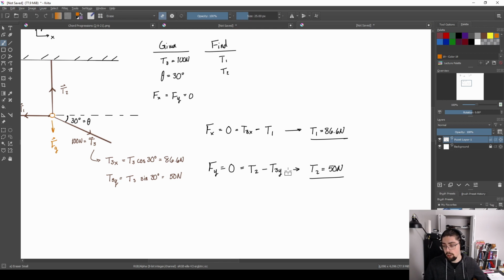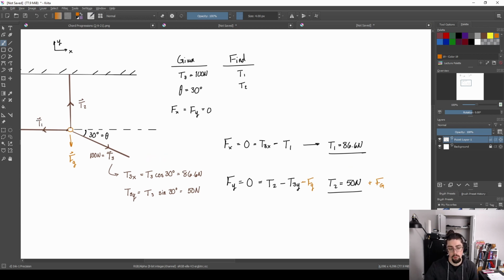But if we look at our y equation, we have this extra term, F of g, pulling downwards, which means our final result for T2 would just increase by whatever that weight would be. Tension 2 would have to counteract a little bit more pulling down on the ring, so the tension in it would just increase a little bit.